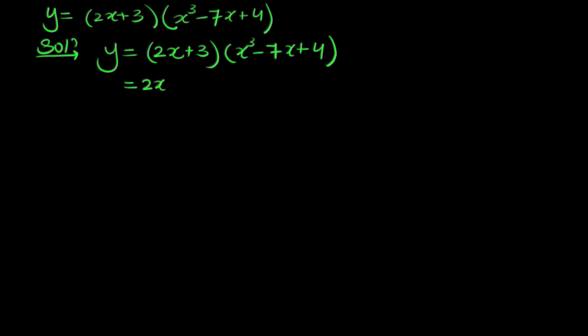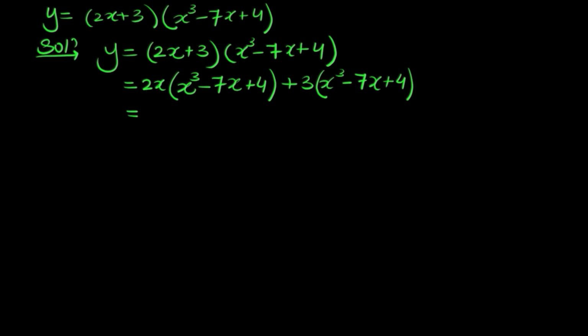So 2x, the first term of the first bracket, multiply the second bracket x cube minus 7x plus 4. Similarly plus 3 multiply x cube minus 7x plus 4 is equal to 2.